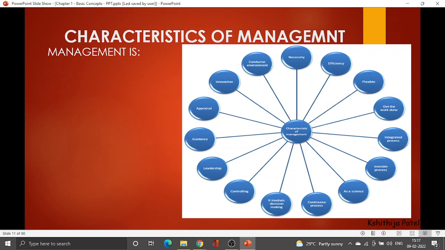Second point is that it tries to concentrate on reaching organizational goals. So that is the main important function why management exists. And finally, it reaches all these goals by working with and through other people and other organizational resources.